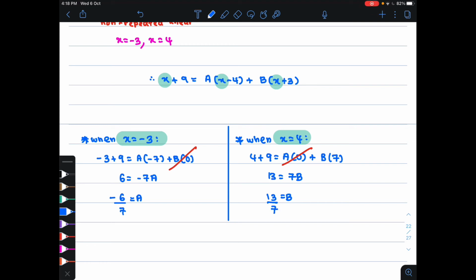And we will get A is negative 6 over 7, B is 13 over 7.